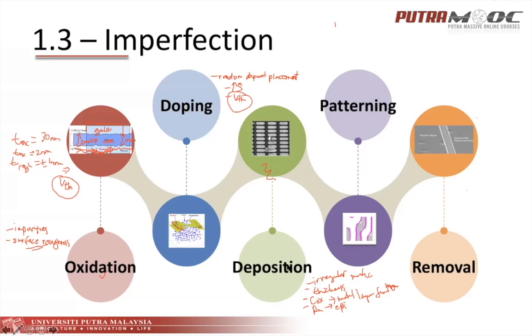So it depends on what material you are depositing, and of course it introduces irregular surface. This is the main issue in the manufacturing process, imperfection. Depending on the material being deposited, it will introduce parameter variation. All right, so next, let's look into patterning, lithography.